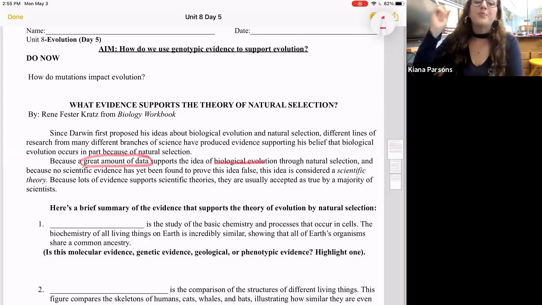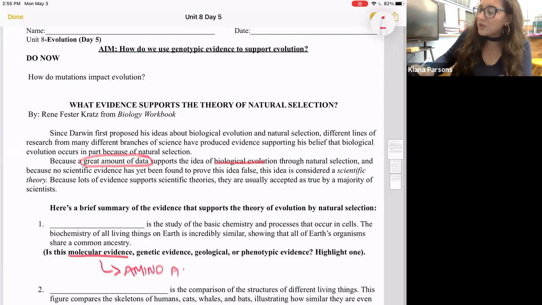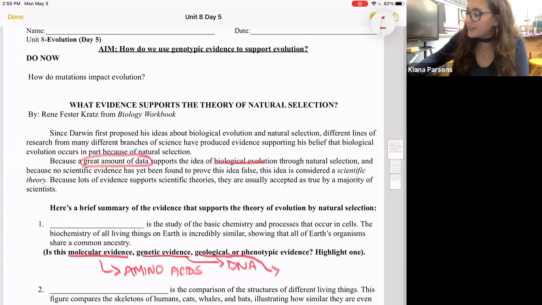So now we're going to look at several examples, and I'm going to go through those on the slides. We have molecular evidence, which is like amino acids. So something very small, but not in your genes. Genetic evidence, which is like in your genes, DNA. Geological evidence, so this is like of land, fossils.